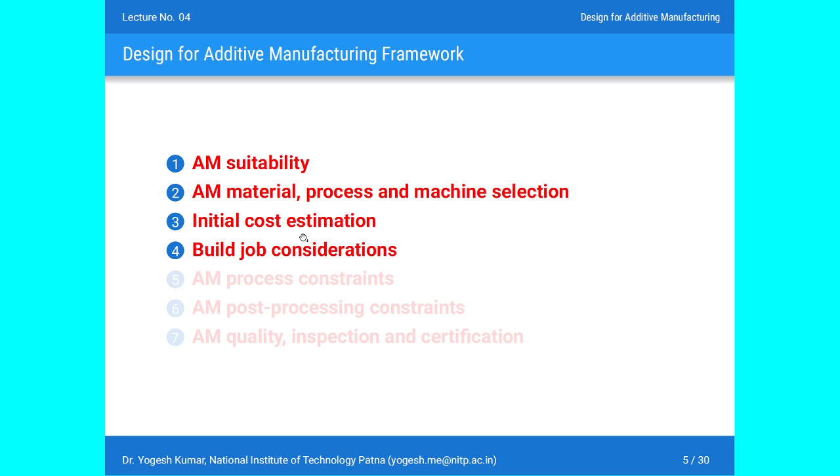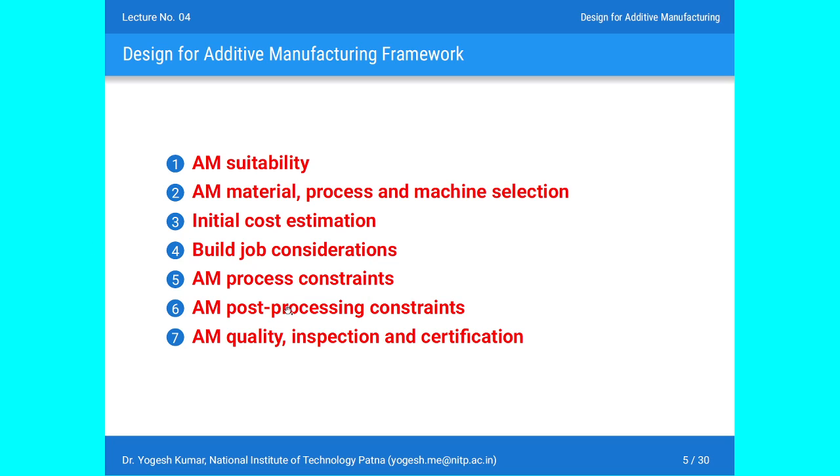Okay. Then there are considerations related to your build job. Then there are some process specific constraints. Then there are some post processing constraints. Then the product, after post processing, goes for quality check.